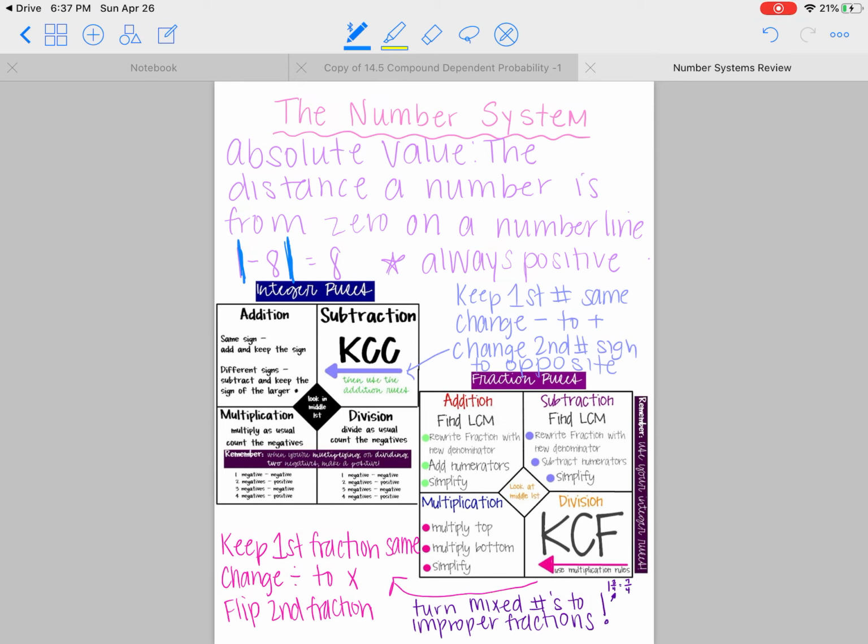Multiplication. When we're multiplying, you're going to multiply as usual, and then count the negatives. Okay? So if I'm multiplying, if I got a positive and negative number, if my signs are the same, it's going to be a positive number.